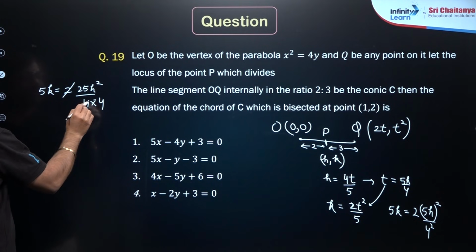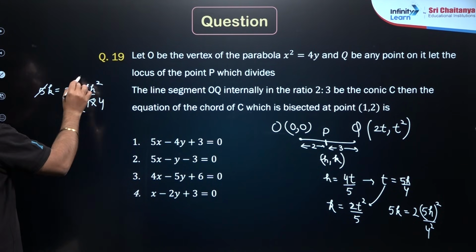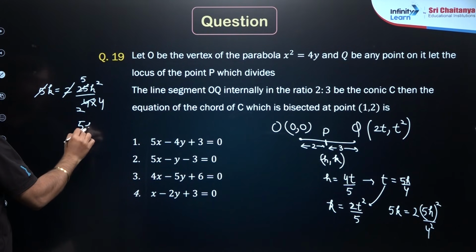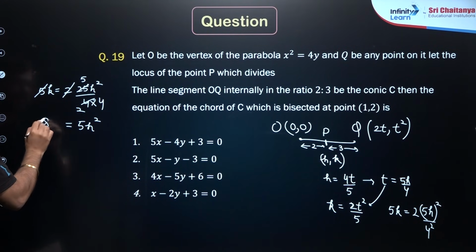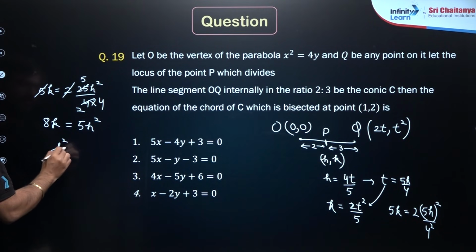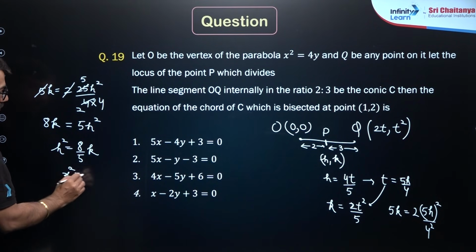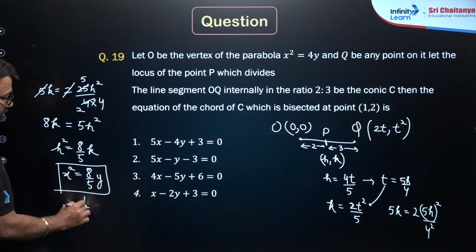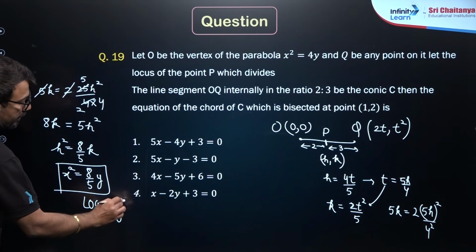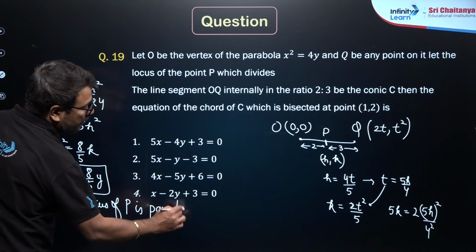So this 2 and this 2 will get cancelled. Here it will be 8. This 5 and this 5 will get cancelled. Here it is 5h square is equals to 8k. Now h square is equals to 8 by 5 k. x square is equals to 8 by 5 y is a parabola. So locus of P is conic which is representing a parabola.